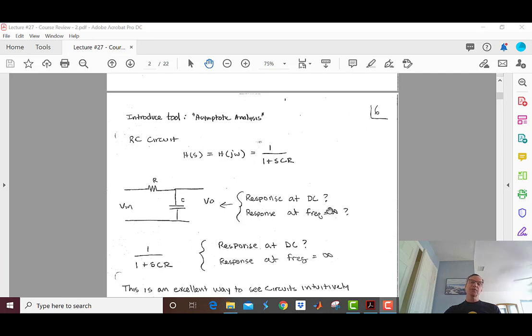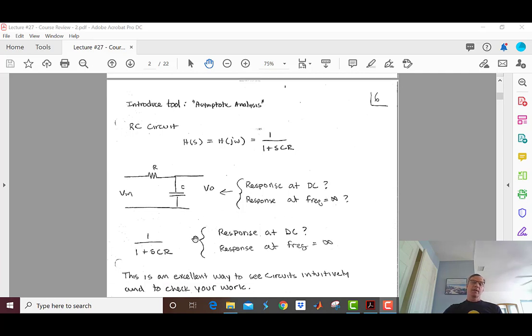So now let's look at the transfer function. The response at DC, we get by just setting s equal to 0, or j0, doesn't really matter. I have 1 over 1 plus 0, which gives me 1. So my response at DC from the transfer function agrees with what I got from my circuit.